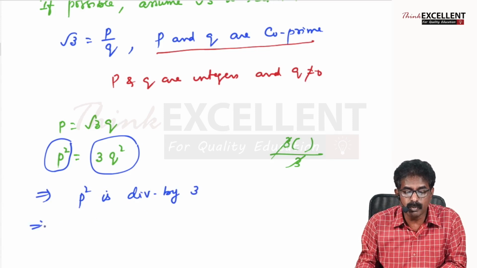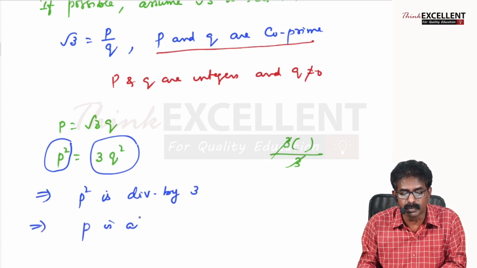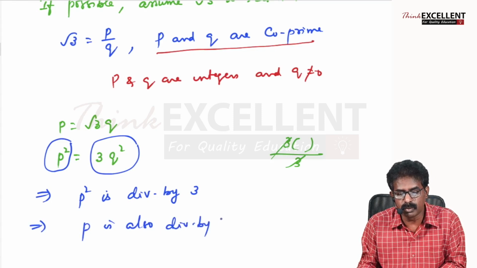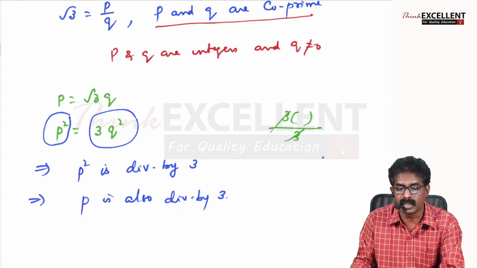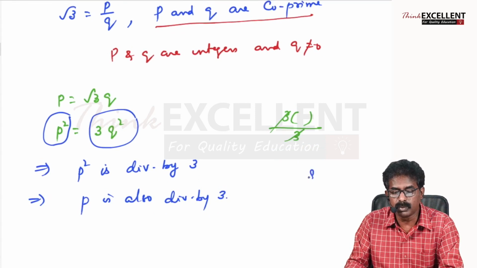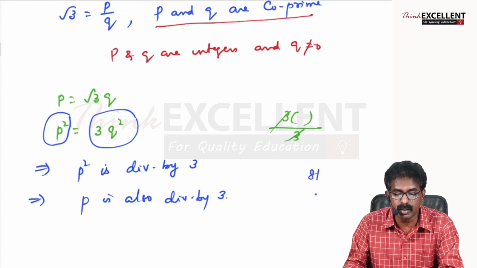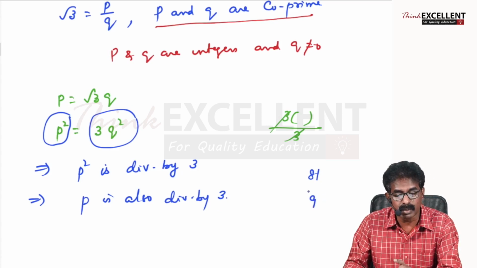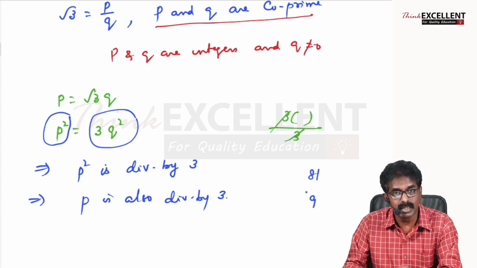P square is divisible by 3 means P is also divisible by 3. For example, listen, 81 is divisible by 3. What's the square root of that? 9. 9 is also divisible by 3, right? But remember, P is an integer.